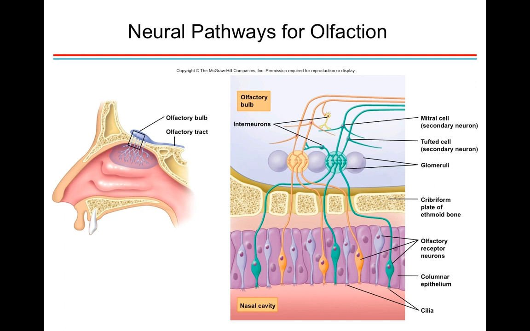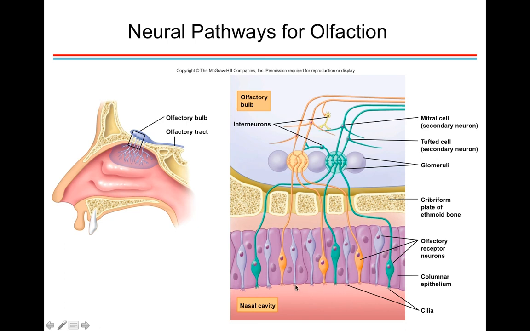So if we look at the nasal passage, we see the olfactory bulb up here. And if we look at it close up, we see there are cilia on the different receptors for olfaction. These have hundreds of types. In comparison to taste, where we have the 5 types, there's like 340 types of different olfactory receptors.